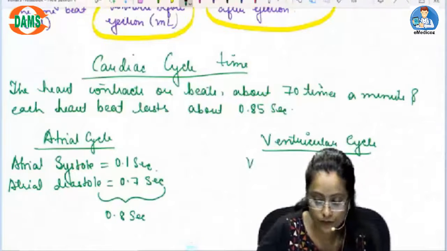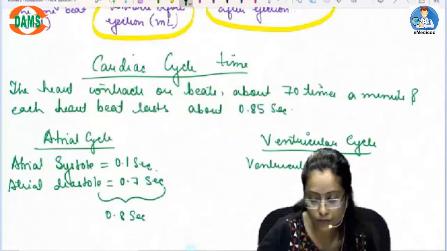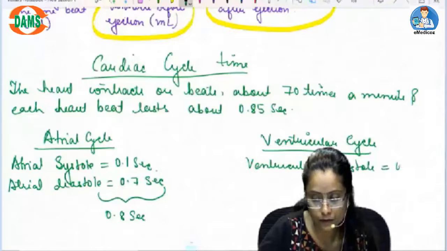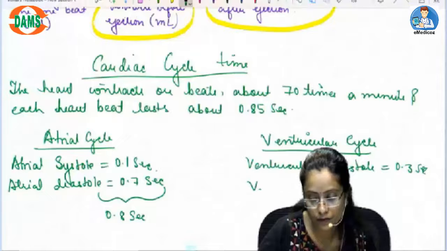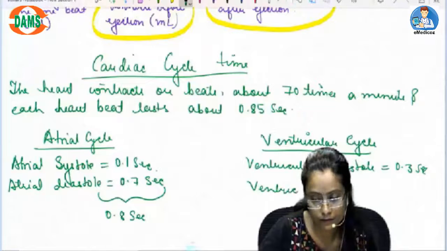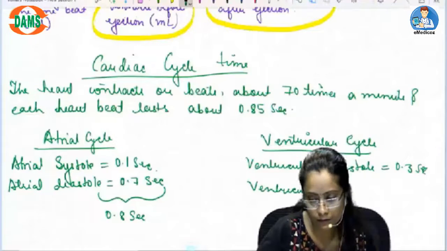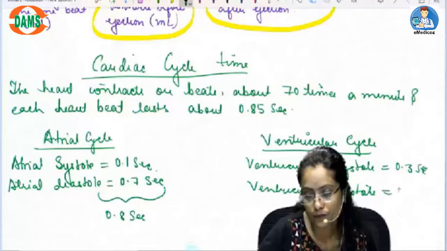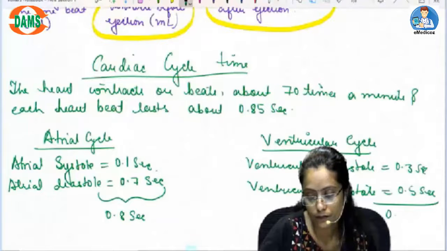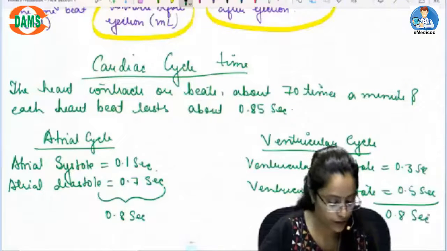This is ventricular systole, 0.3 second, and the ventricular diastole is 0.5 second. Completely it's 0.8 second.